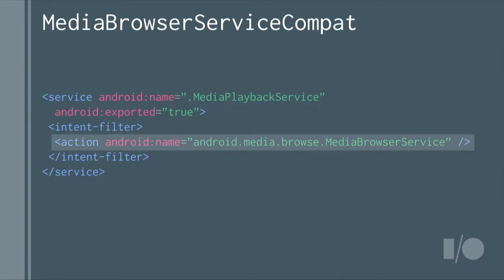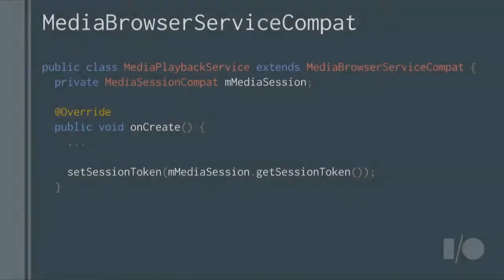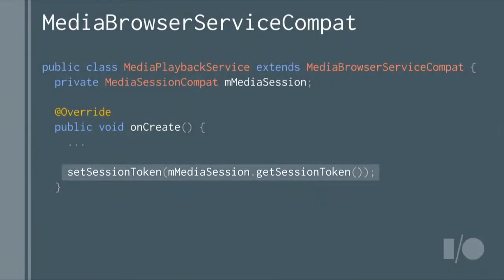So to actually build a MediaBrowserServiceCompat, it's pretty straightforward. You add an intent action to MediaBrowserService. That is what calls you out as a media browser. And then you extend the class. And then there's one method, which, again, if you don't call it, it breaks everything. That's setSessionToken, where, again, we kind of give the token to MediaBrowserService.